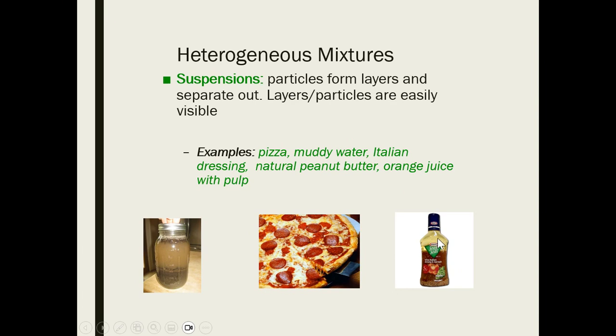It's got an oil layer, it's got a vinegar layer, and you usually can see something down here of the particles, the herbs, and before you use it, you shake it up to make it all one big suspension. Then when you're done, you set it on the counter and it separates out again. That would be what suspensions do. You can shake them up enough to mix them for a little bit of time, but then naturally, because of gravity, they're going to fall down.